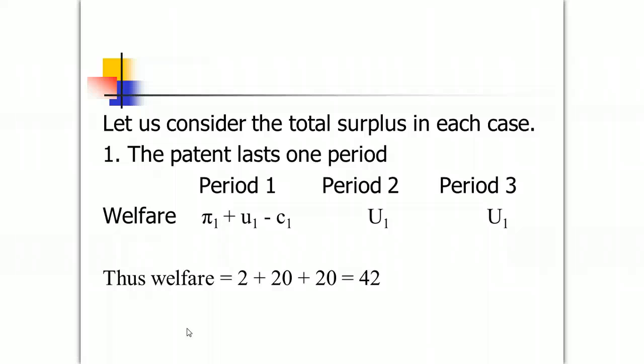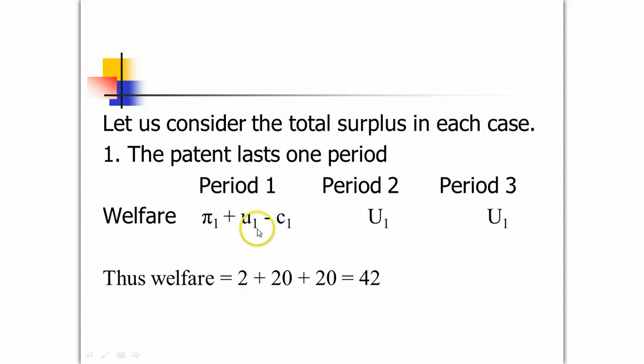But let's see what happens under both of those outcomes. What is the total surplus or welfare outcome? How much costs are incurred by the firms, how much profits are earned by the firms, and how much utility is generated for consumers? So if the patent lasts 1 period, in period 1, the welfare of society is, because the firm has it under patent, they earn pi 1.